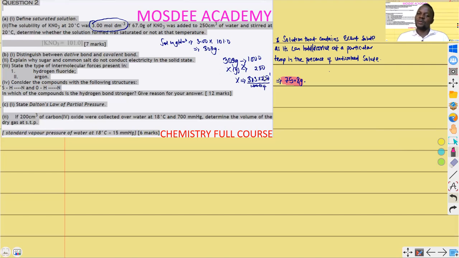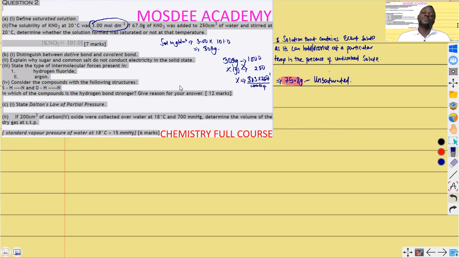Because it has less solute, we say it is unsaturated. The solution can still hold up to 75.8. Only 67.0 is being dissolved. So that is that. It makes it very simple.